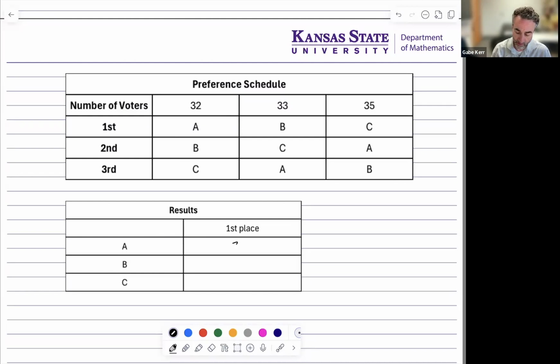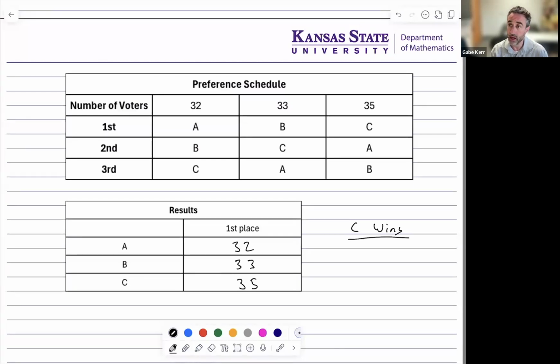So we can see that we have 32 votes for A, 33 for B, first place votes, pardon me, and 35 first place votes for C. So here, by plurality method, C wins. They have the most first place votes. But as we've just seen, right, that's not enough, at least to be a convincing win.